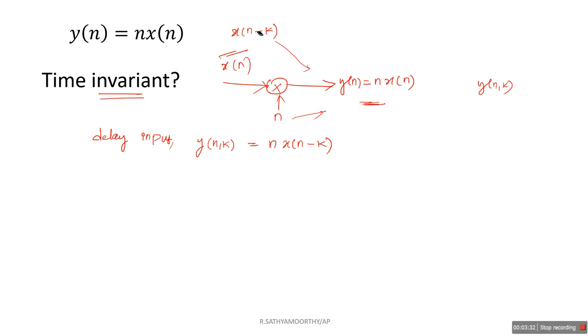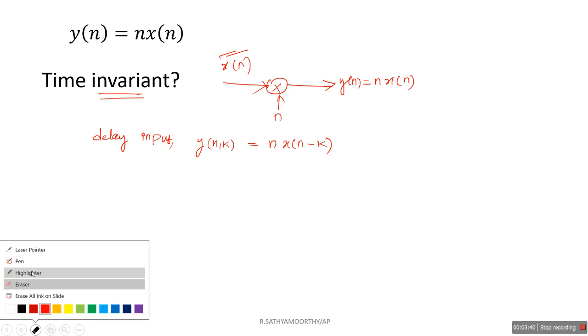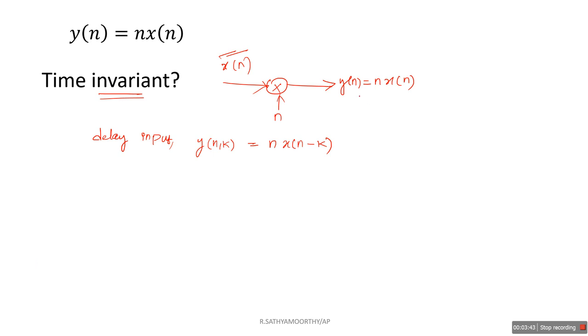Next, I am going to delay the output, which is y of n minus k, by k units. If I delay the output by k units, I have two terms of n here. So y of n minus k equal, if I delay the output, I get n minus k multiplied by x of n minus k.